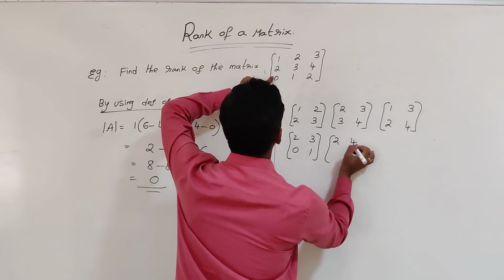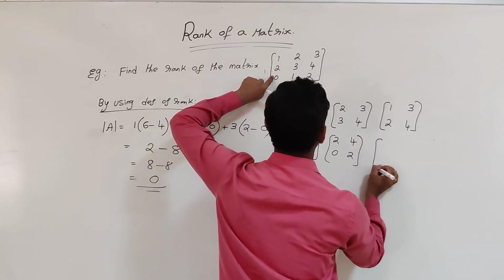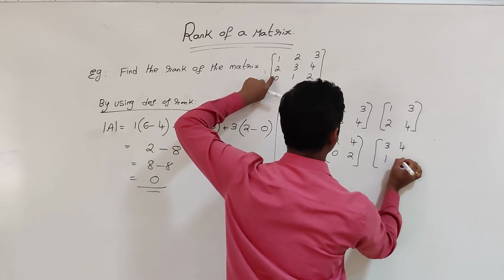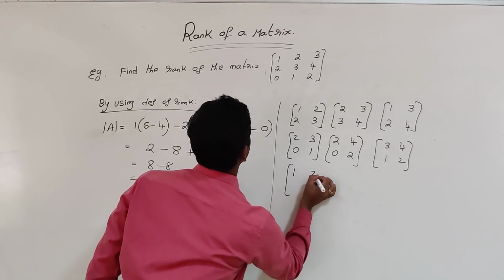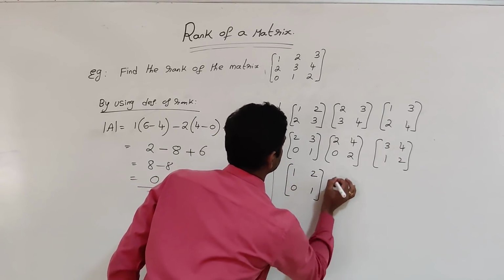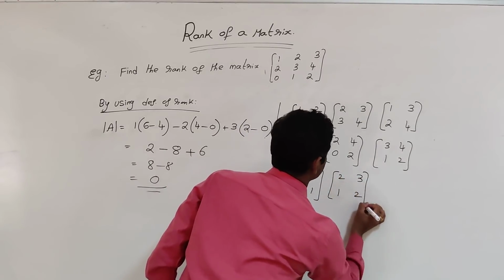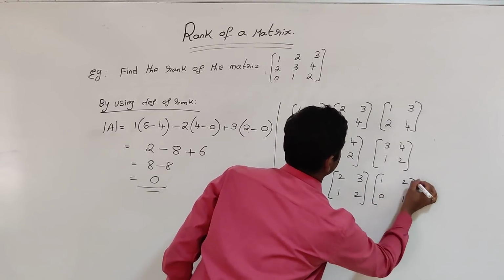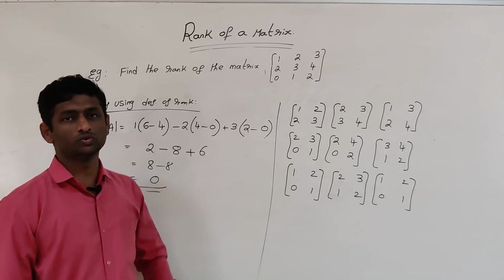Then 2, 4, 0, 2 is one. 3, 4, 1, 2 is one. Next, 1, 2, 0, 1. Then 2, 3, 1, 2, and the last one is 1, 2, 0, 1. So these are the square submatrices of order 2.